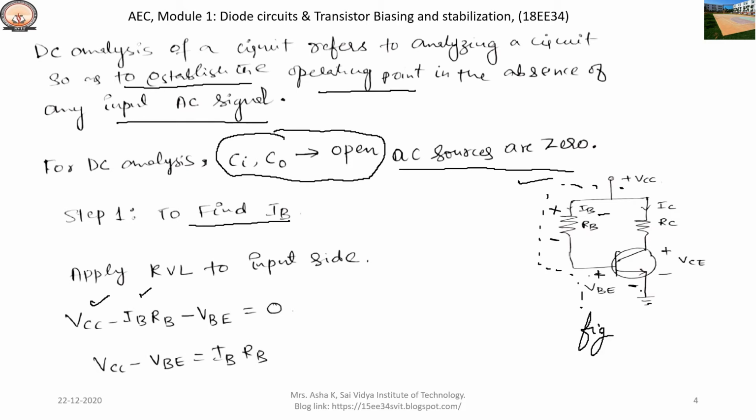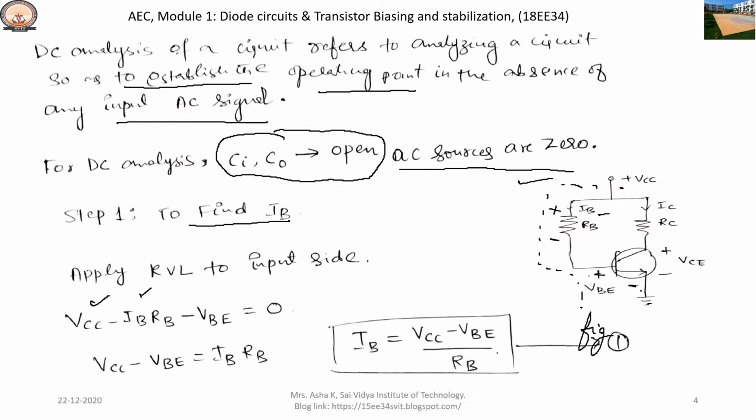Then we rearrange the terms: VCC minus VBE is equal to IB RB. Then the input current IB is equal to VCC minus VBE divided by RB. We call this equation number 1.